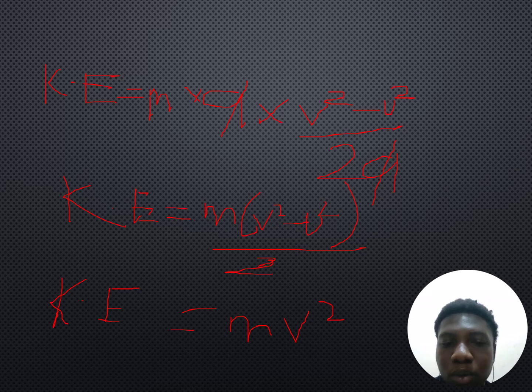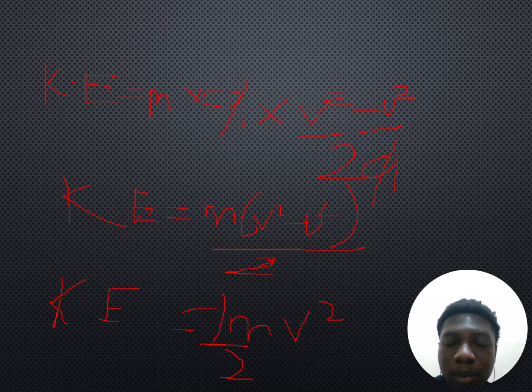It can be over 2, or you can do it half, but mostly we do it half. That's how we got this formula: kinetic energy is equal to half m v squared. This is half times mass times velocity squared. So this is how we got this formula.